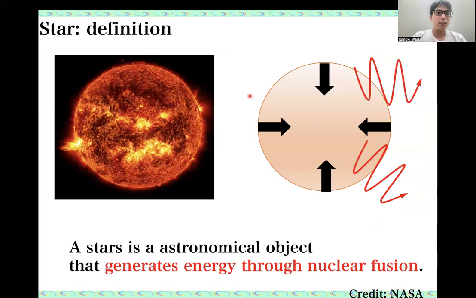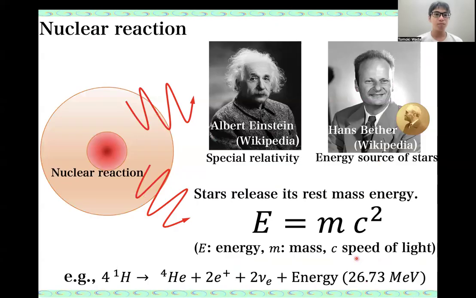Okay, next, let's consider the second part: generates energy through nuclear fusion. As you know, stars and the Sun are shining. They emit light. But what is the energy source of this light? The answer is nuclear fusion. Very simply, nuclear fusion is explained by this equation, E equals mc squared.